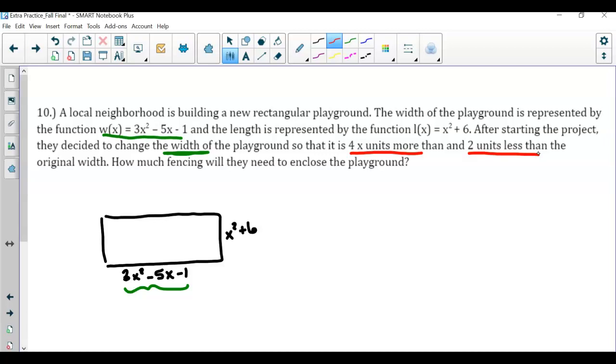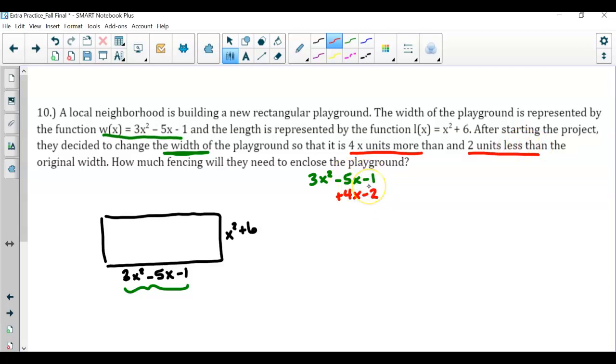So we're going to change the width so that it is, so I'm going to go ahead and rewrite my original width, which was 3x squared minus 5x minus 1, so that it is now 4x units more than. So we're going to add 4 more x's and 2 units less than, which is subtraction. So I'm going to subtract 2 units.